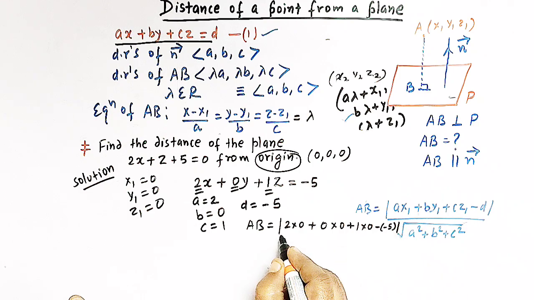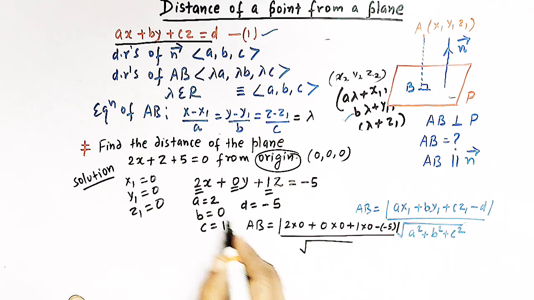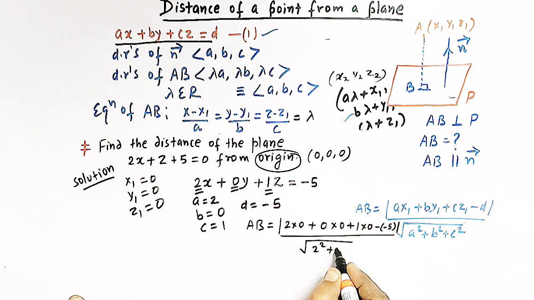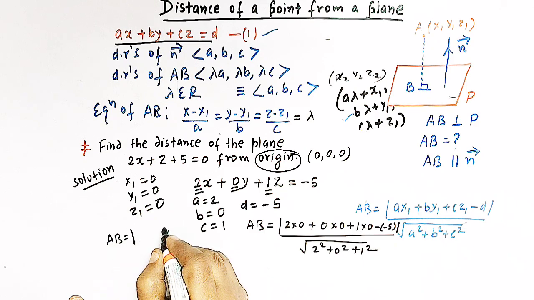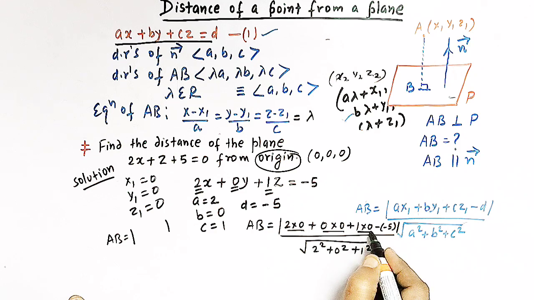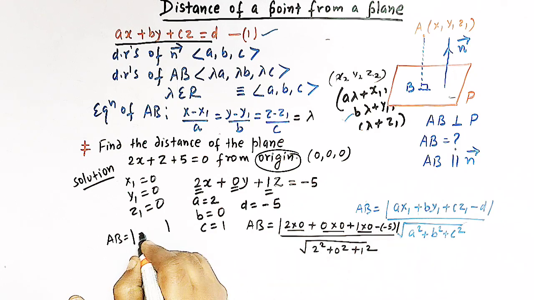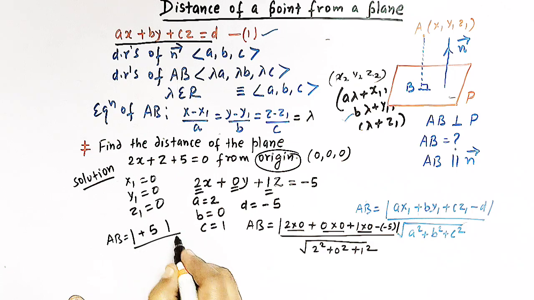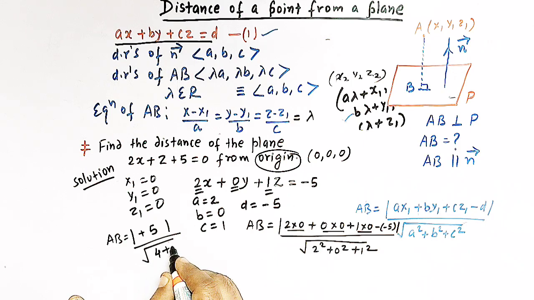Then we have the square root of a square plus b square plus c square, that is 2 square plus 0 square plus 1 square. So AB can now be written as mod of 0, 0, 0, and here we have minus minus plus, so we have simply a positive 5, and in the denominator we have 2 square 4 and plus 1.